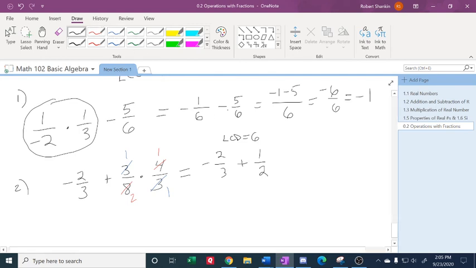So I'm going to have to multiply this one by 2. As I multiply the bottom by 2, I'm going to have to multiply the top by 2. This one I'm going to multiply by 3.